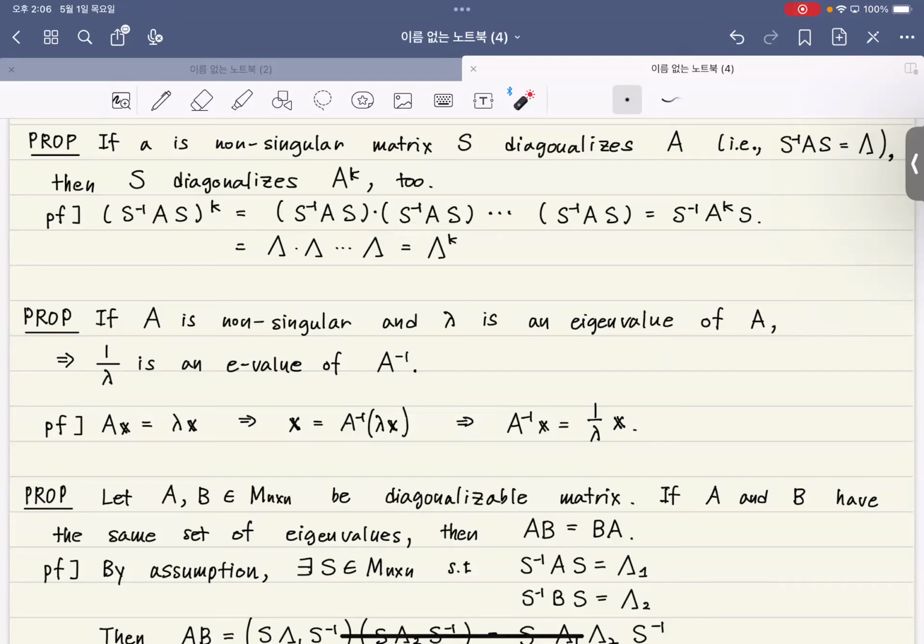Therefore A inverse has an eigenvalue of 1 over lambda, the reciprocal. The proof is also very easy. Just take some time and read the proof.